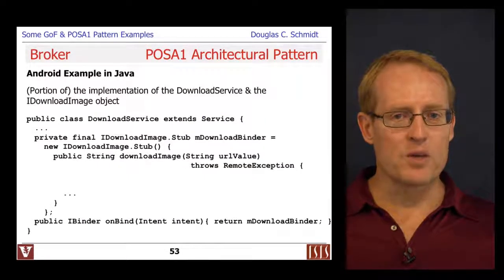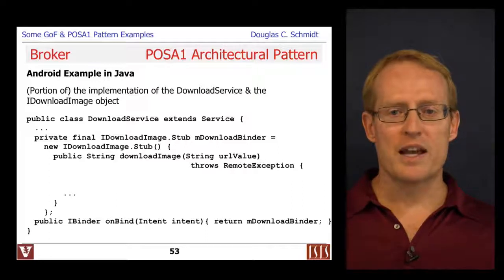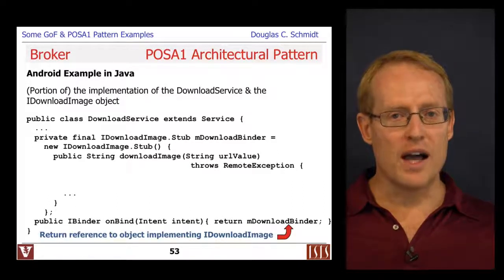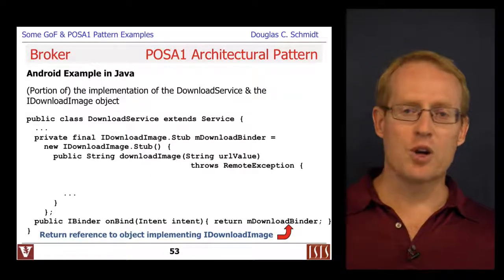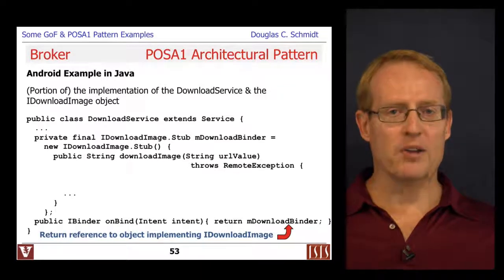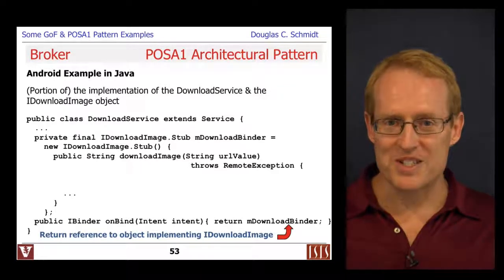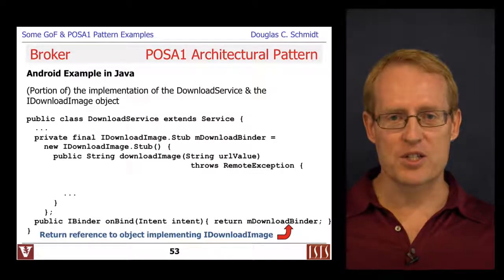Here's a little bit of the code that's implemented on the server side. This is the download service. And as you can see, when its onBind hook method gets called back by the Android binder framework, it returns the object reference for the download binder object, which is what actually implements this particular service. And that comes back over to the client through the methods we just saw.